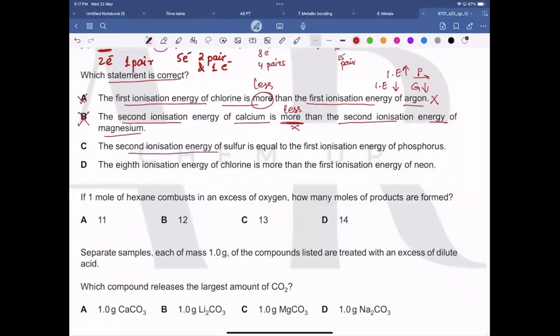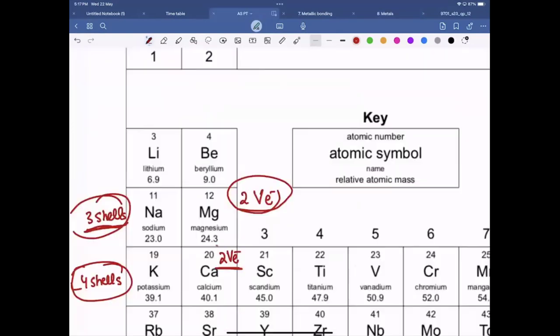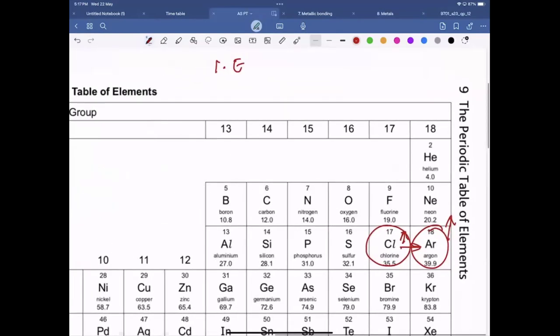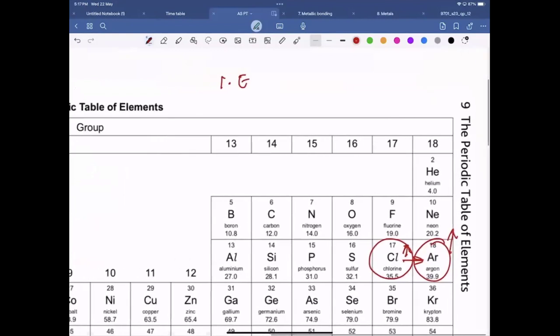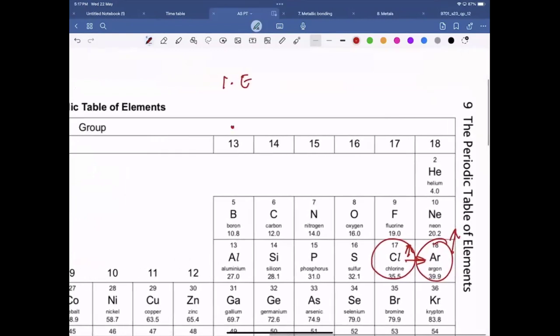The second ionization energy of sulfur is equal to the first ionization energy of phosphorus. Okay, so have a look at the periodic table. For example, if I draw the graph from here, this is the ionization energy of the group 13 element. This is for the group 14 element.